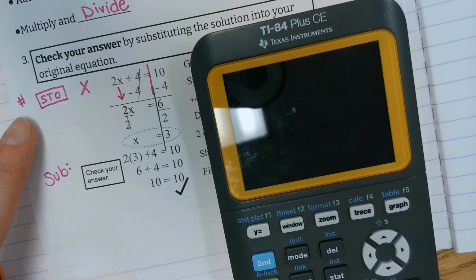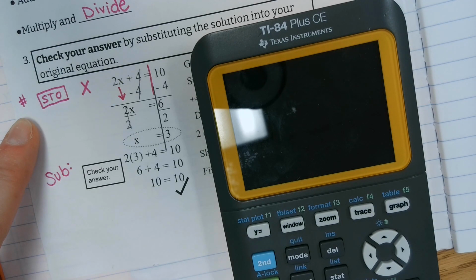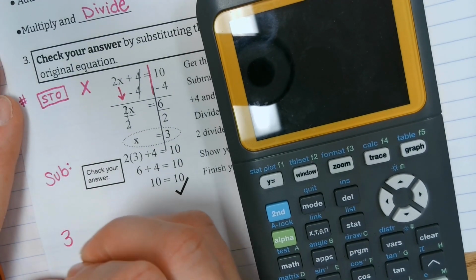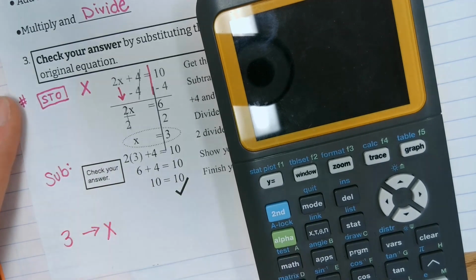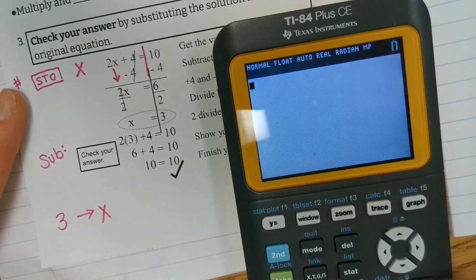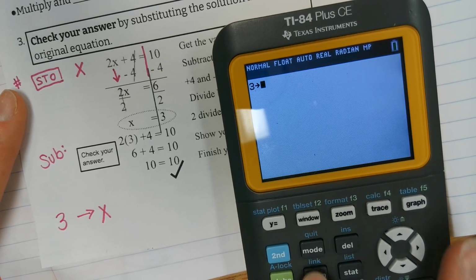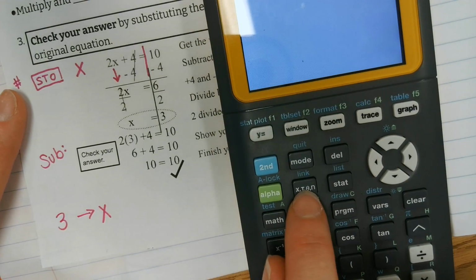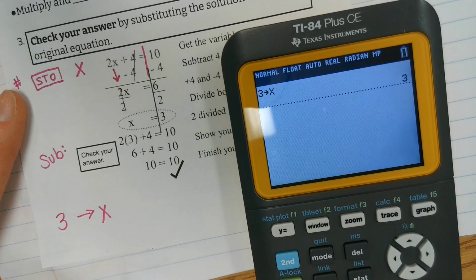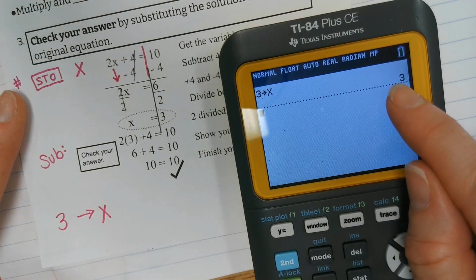We're going to do the number store x. So the number is 3 on this one. So 3 store x. That's what it's going to look like whenever you put it in. I'm going to clear my calculator. So 3, and then right above the on is store. Store. And then x is just any variable right here by alpha. And so that's just saying, okay, you did it.